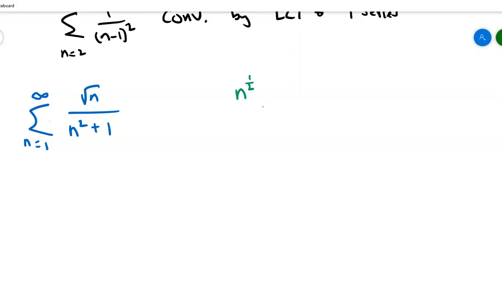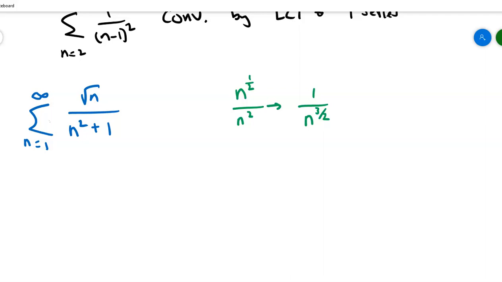The important part is the n to the 1/2 on top and the n squared on the bottom, so it looks like that simplifies to 1 over n to the 3/2. But who wants to sit there and go through and compare all different values of 1 over n to the 3/2 to see if it's strictly greater than or strictly less than this original blue function?